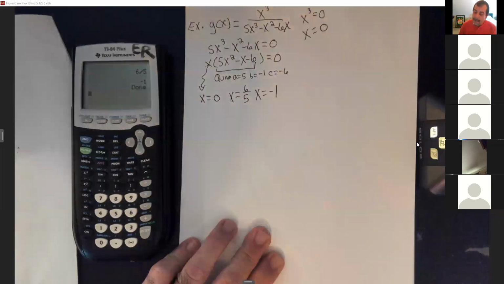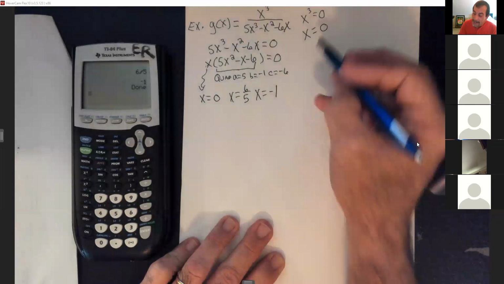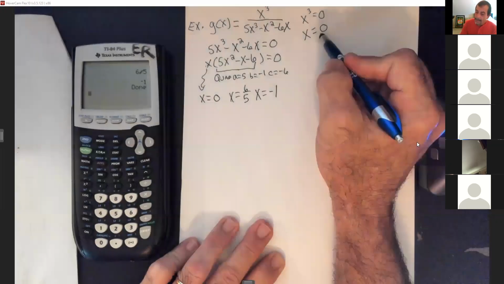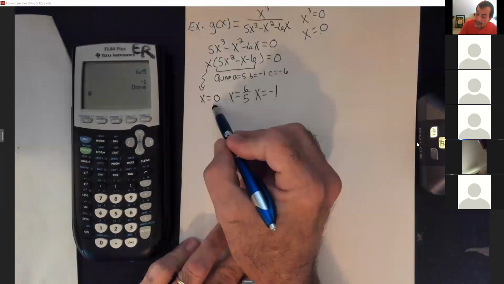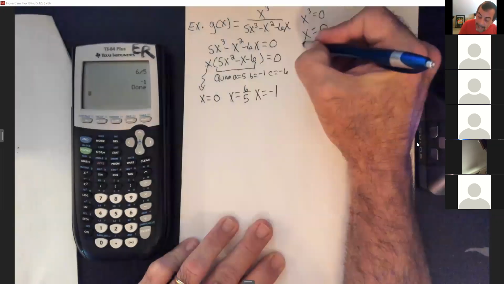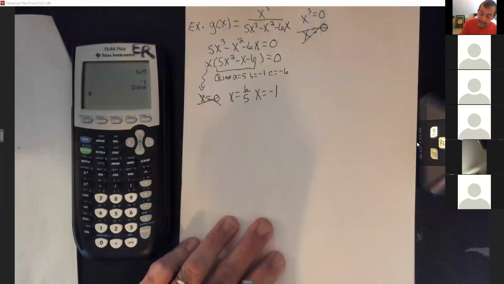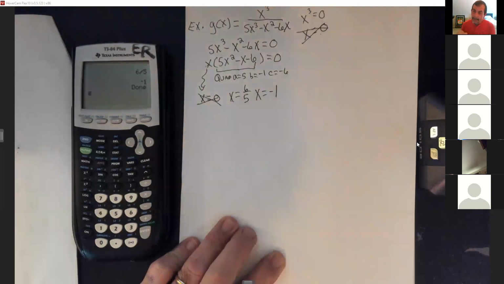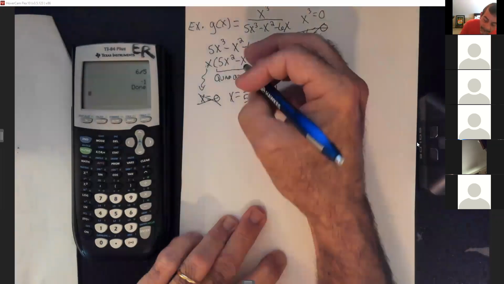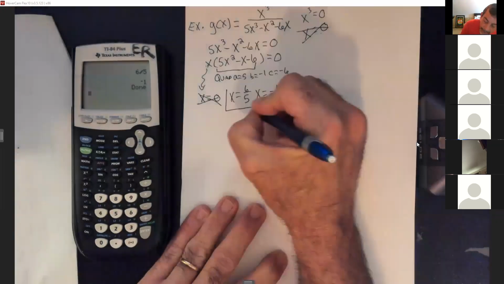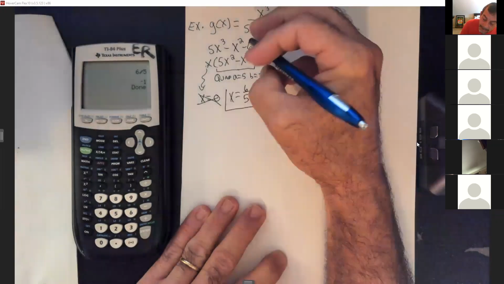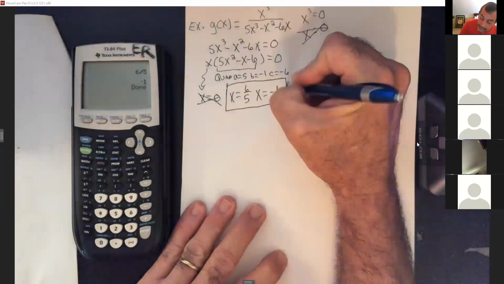So now I do have a factor on top that matches one of my factors on bottom, so we have to cancel them out, so that my only vertical asymptotes are x equals 6/5 and x equals -1.